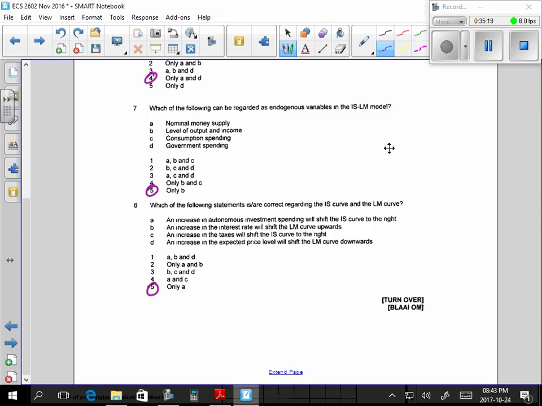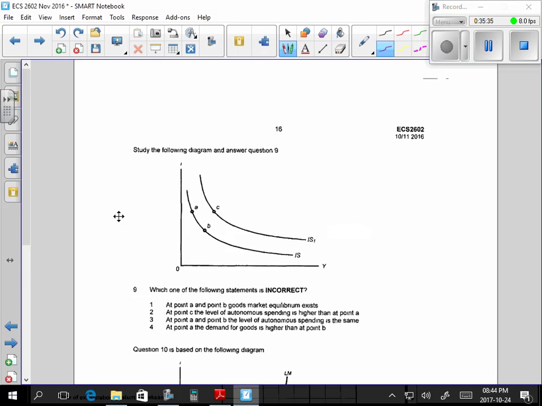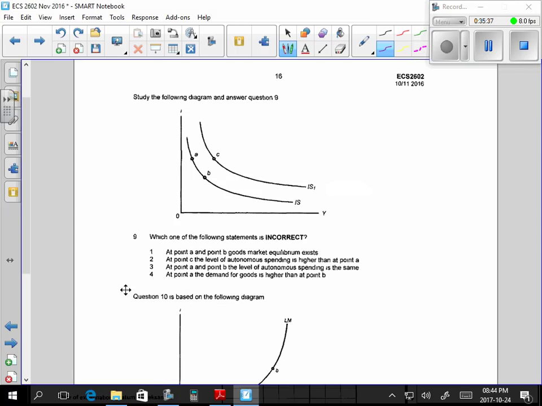Expansionary shifts them to the right, contractionary shifts them to the left. Yeah, in this case, it would be only A. Right, question 9. Which of the following statements is incorrect? It would be 4.